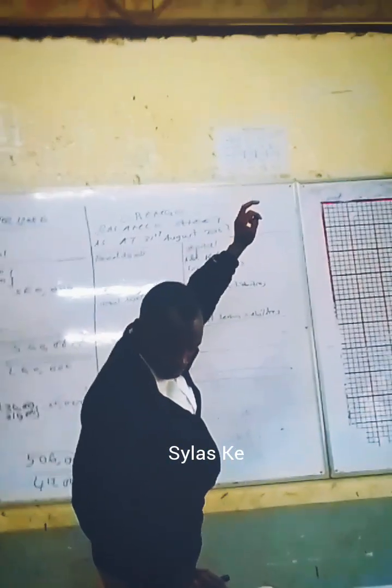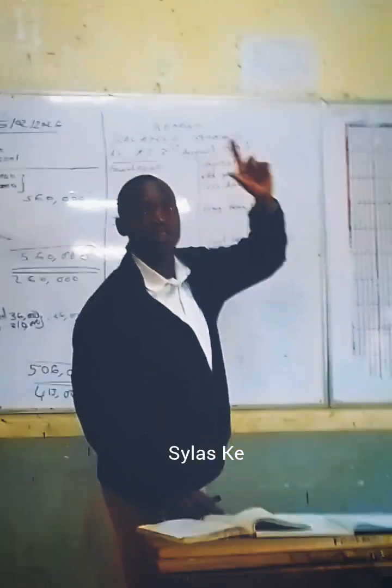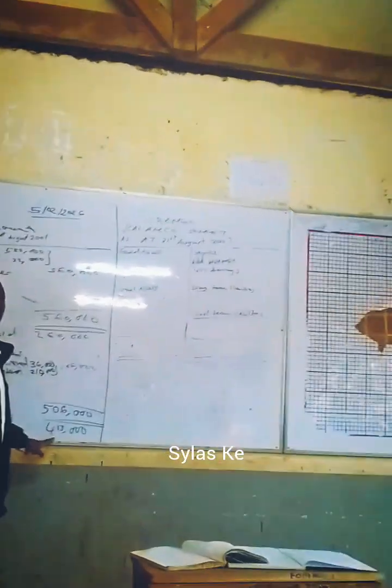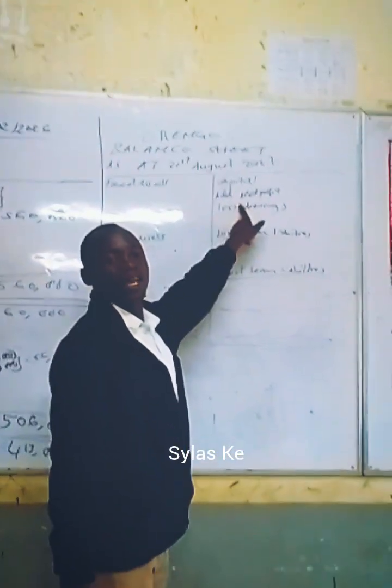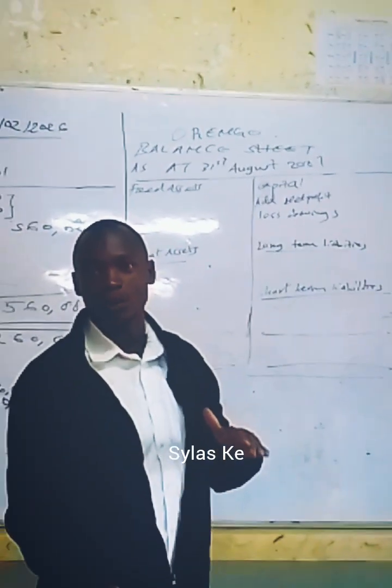For example, here the capital they have given you is how much? 15,000 plus net profit, which is 413,000. Less drawings, and get the new capital.